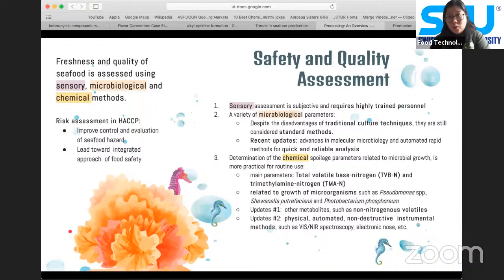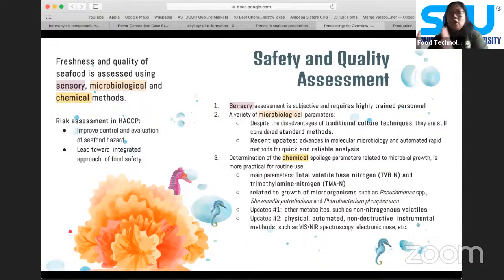But recently, risk assessment with Hazard Analysis Critical Control Point is also widely applied because it has improved control and evaluation of seafood hazards. The application of HACCP leads towards an integrated approach to food safety. This has been very important in the food industry.